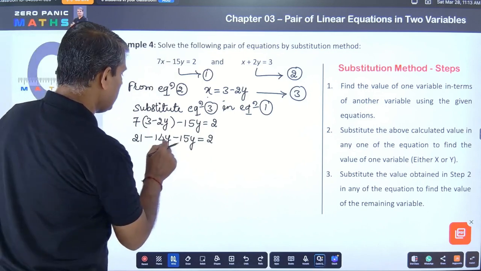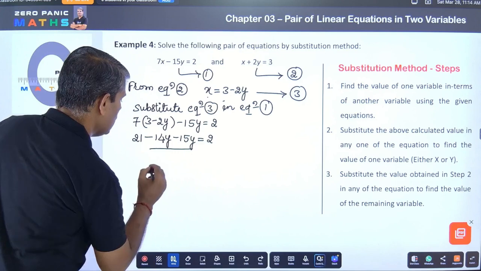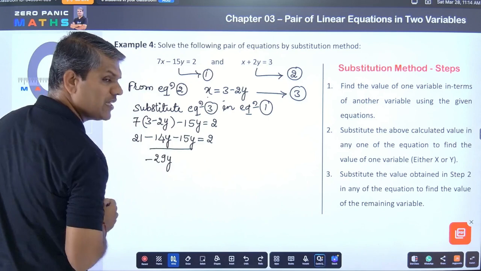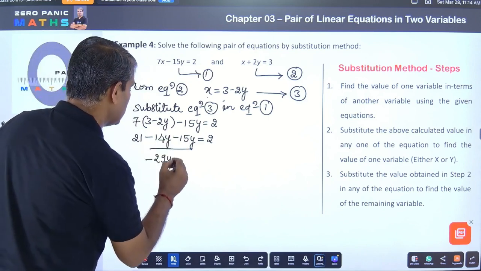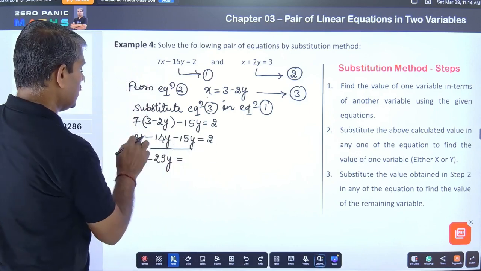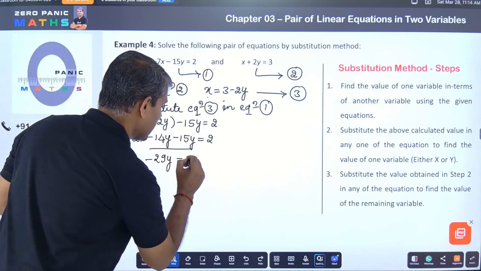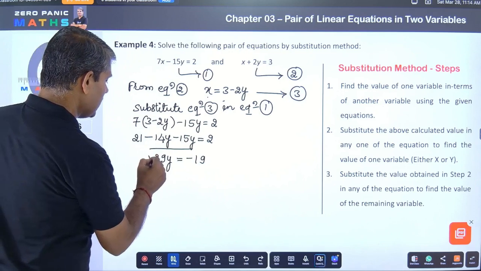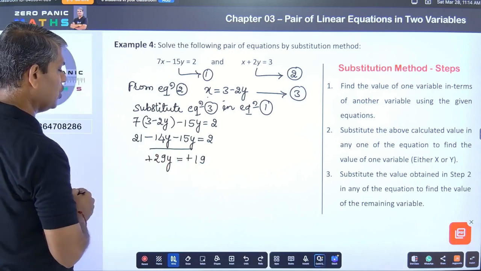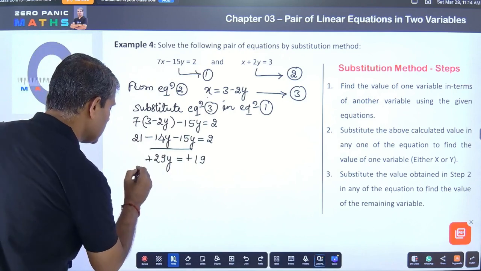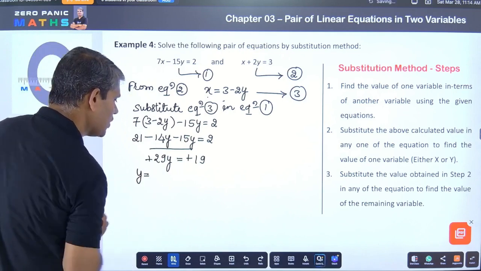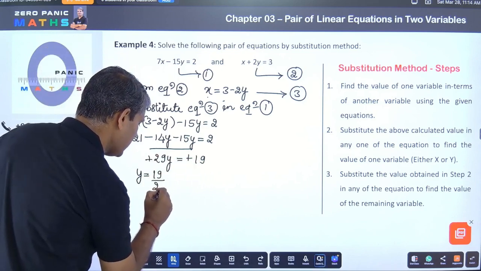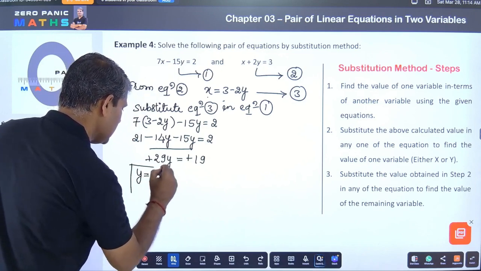So I will sum up these two: 14 minus 15, minus 29y is equal to 2 minus 21, that is actually minus 19. So minus minus, let us cancel from both the sides. Then I will get y is equal to 19 by 29.